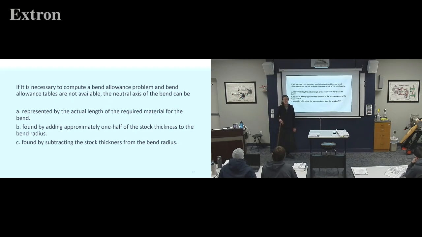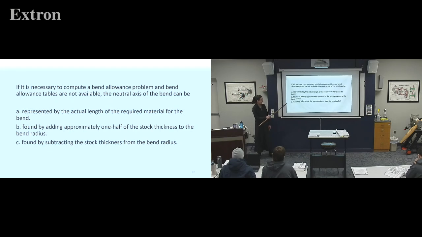0.445 inches from the inside of the bend. So if you have metal like this right here, we'll pretend that's a radius that bends.